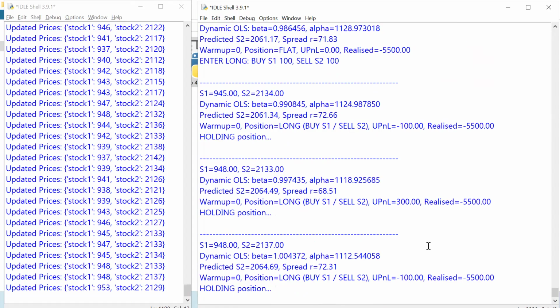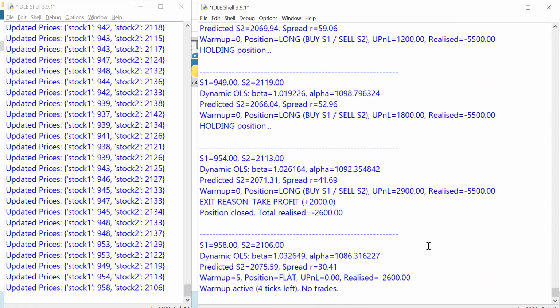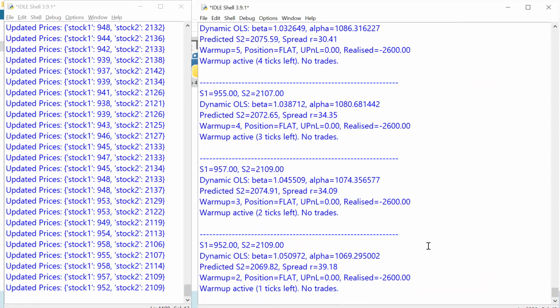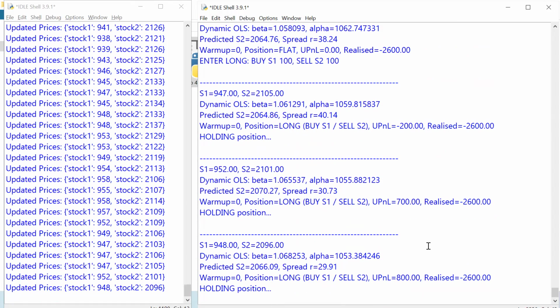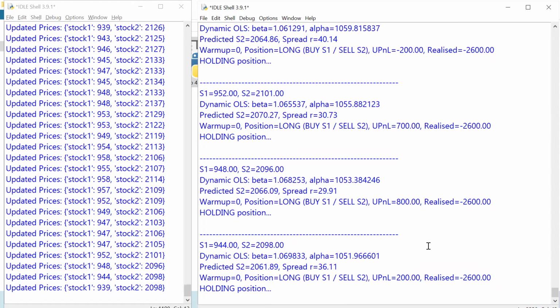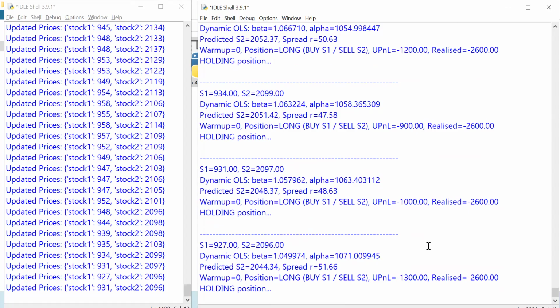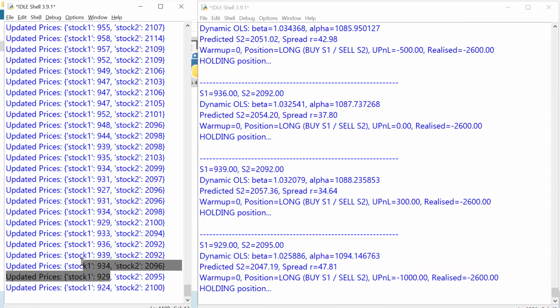Buy S1, sell S2. Again, we got a very good profit. Okay, we come out of the trade. Again, we have to enter the position. This is going to buy S1 only because S1 is very cheap and S2 is expensive. It's going against us again. See, this is continuously in falling mode.